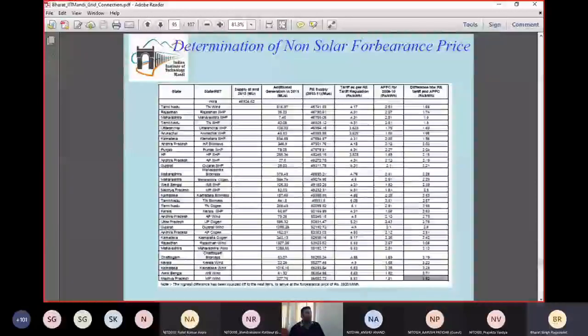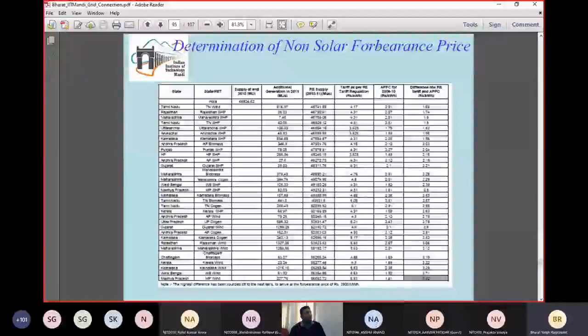This is how the certificate mechanism varies the value from a floor price to the forbearance price. Renewable energy certificates provide an alternative commercial settlement for renewable energy technology other than the preferential tariff, or feed-in tariff.